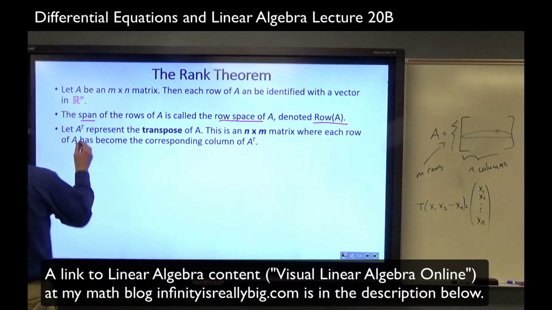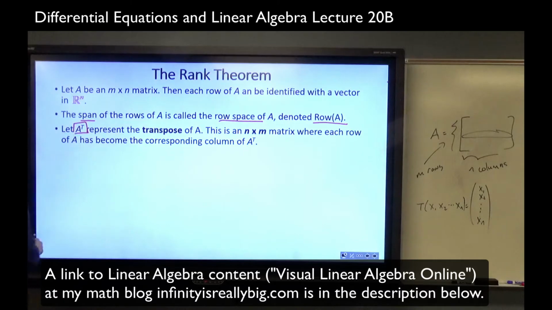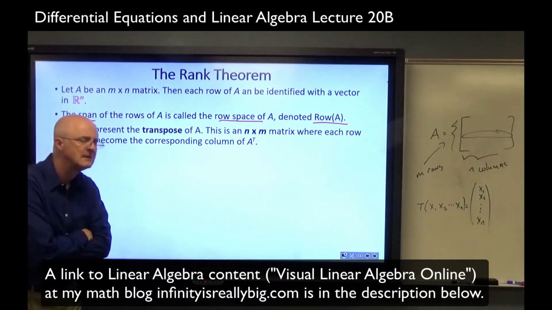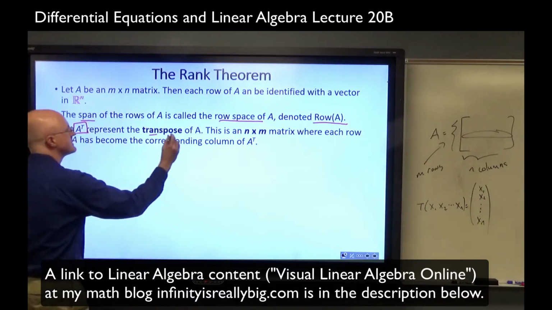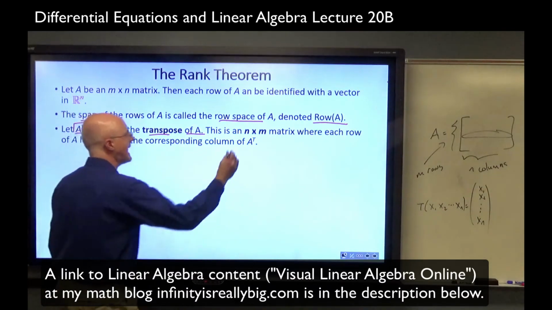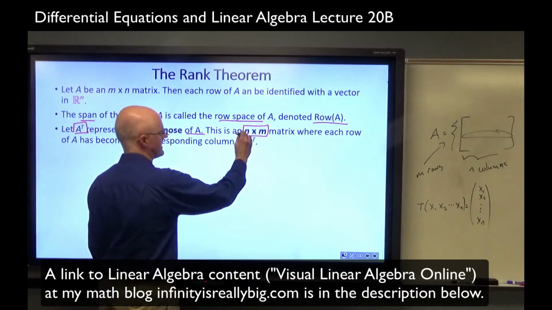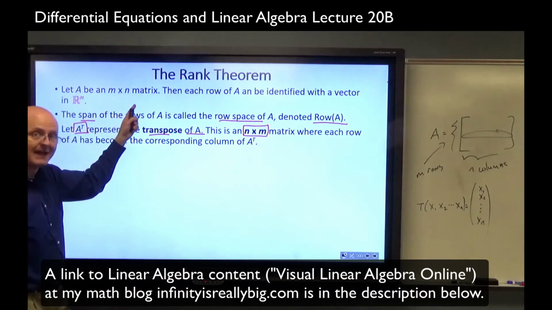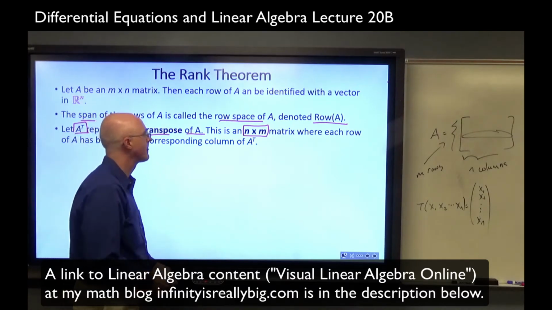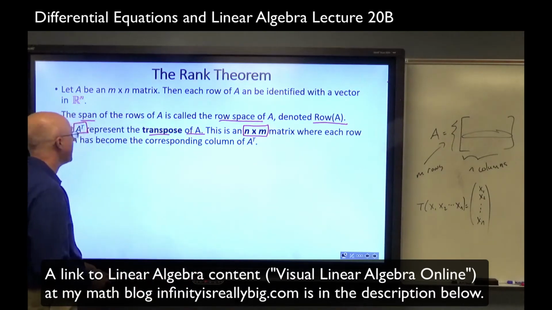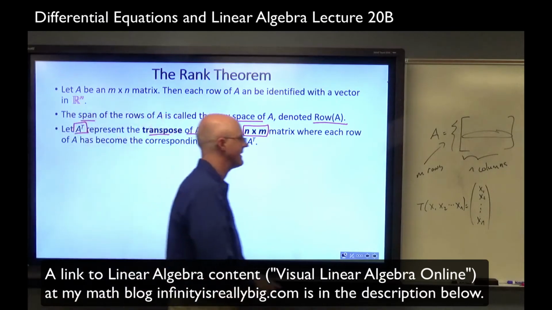Let A transpose, we've seen this notation before. T is not a number. It's just a symbol that represents, take the transpose of A. It is an n by m matrix. A itself was m by n. The transpose is n by m, where each row of A has become the corresponding column of A transpose.